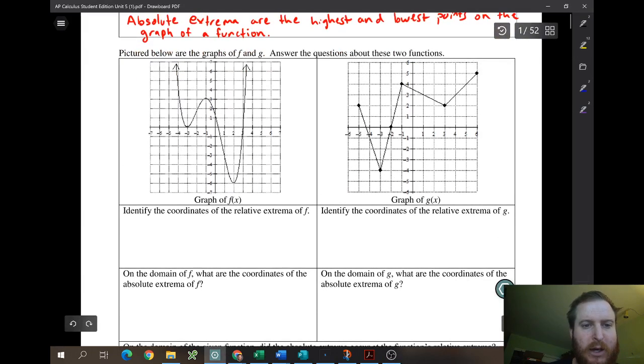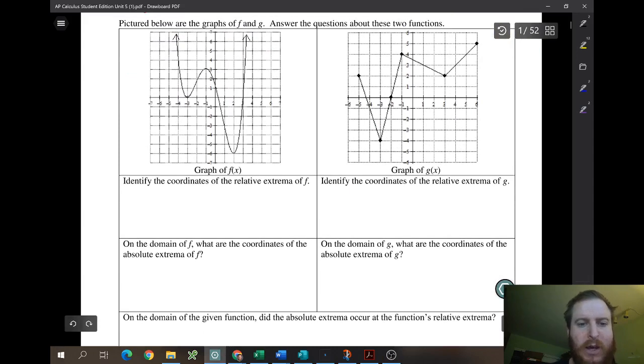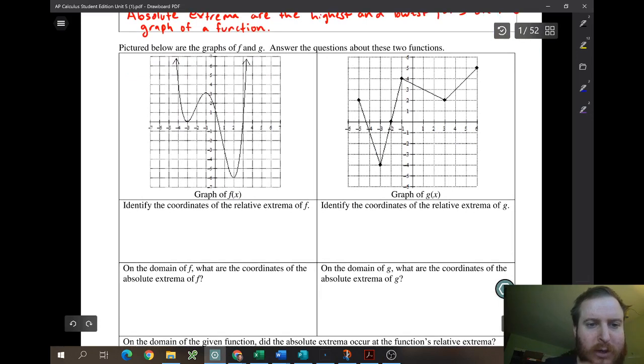If we look at these two graphs, we're going to start off with f of x, the graph on the left. If we look at where this graph changes between increasing and decreasing, it would change at -3, at -1, and at 2. So x equals -3 and x equals 2 are our relative minimums, and x equals -1 is our relative maximum.